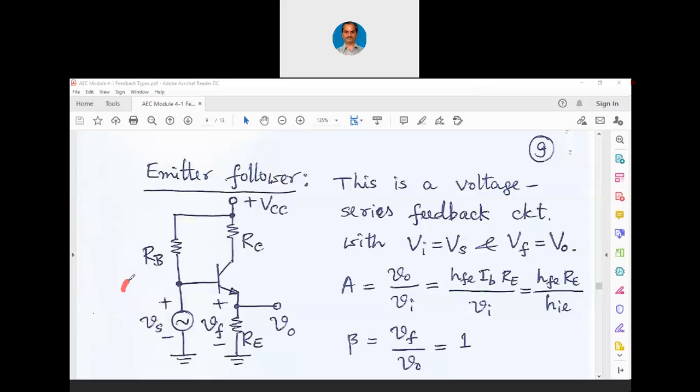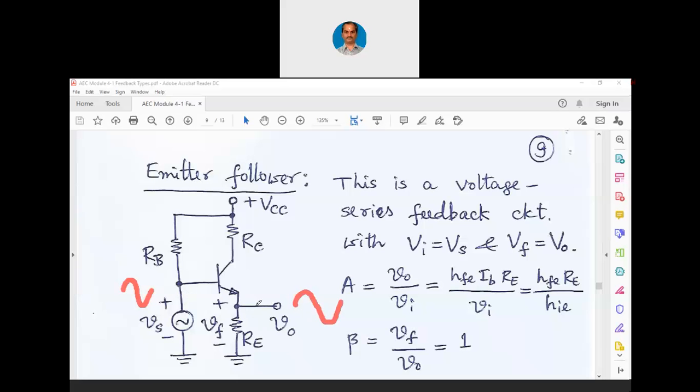Let us say we have an input signal like this. Now the same input signal is going to appear as output here, right? There is no antiphase here as far as input and output are concerned, because emitter follower is basically a common collector amplifier. It is not going to give any 180-degree phase shift.